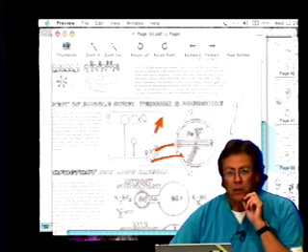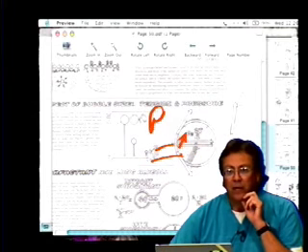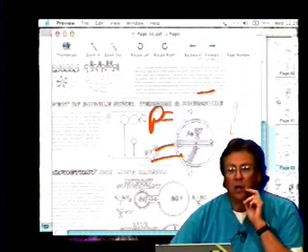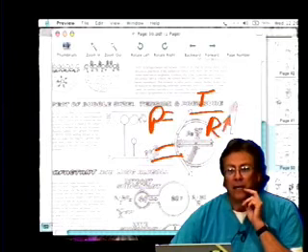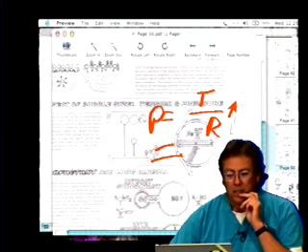The pressure that's needed to keep this thing inflated is going to be a function of the tension on the wall divided by the radius.